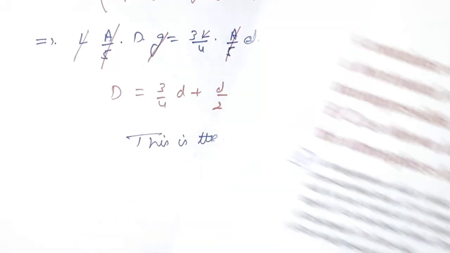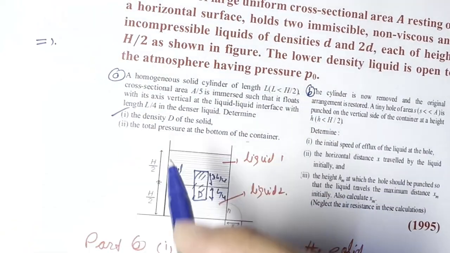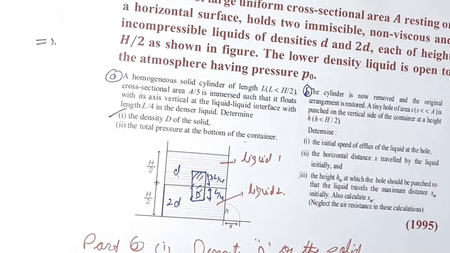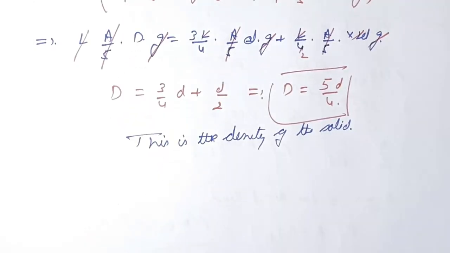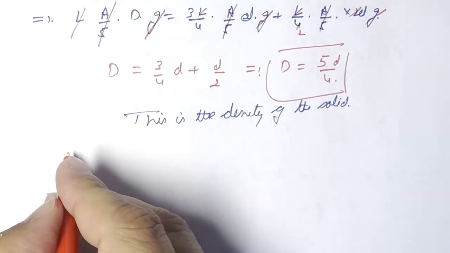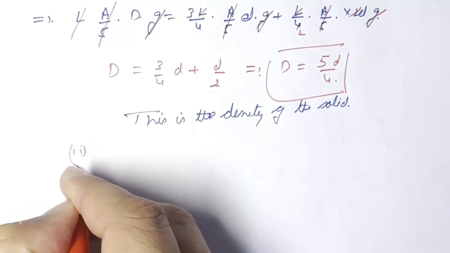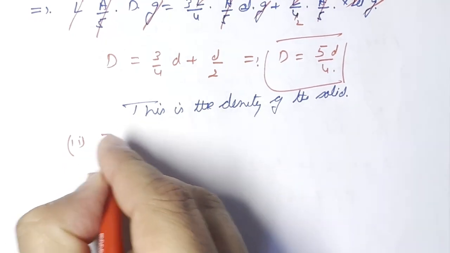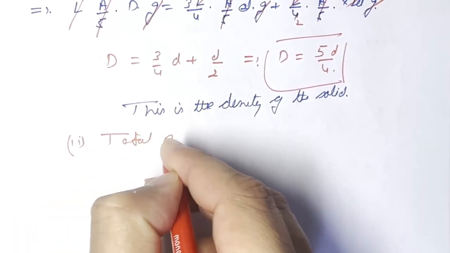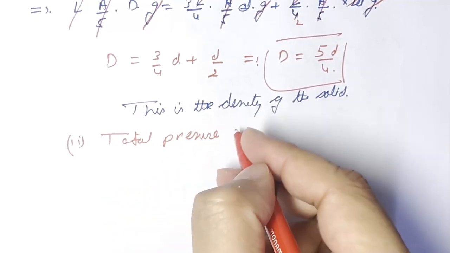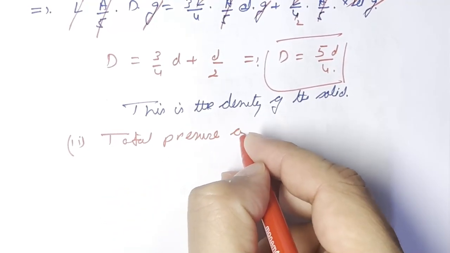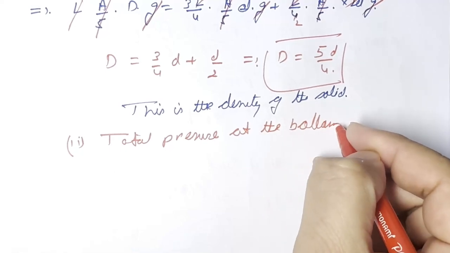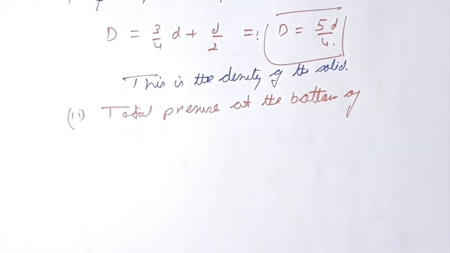Now, our part 1 is done. Part 2, total pressure at the bottom of the container. So we start with part 2, where we have to find out total pressure at the bottom of the container.